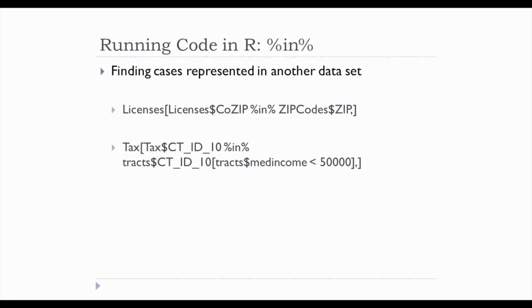For this, we use the in command to find tax$CTID10 that is within the tracts database CTID10 column, but for which tracts median income is less than $50,000. In this manner, we've used a second logical operator in order to isolate all of the places that fit a certain criterion, and then to identify all of the parcels that are within those areas.